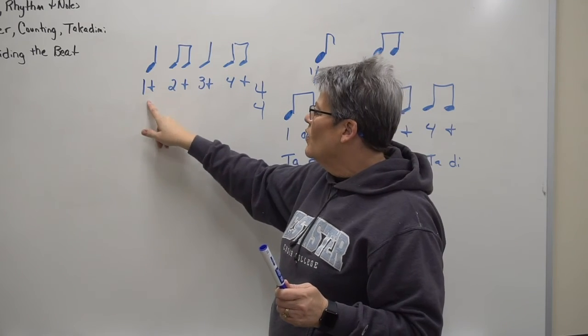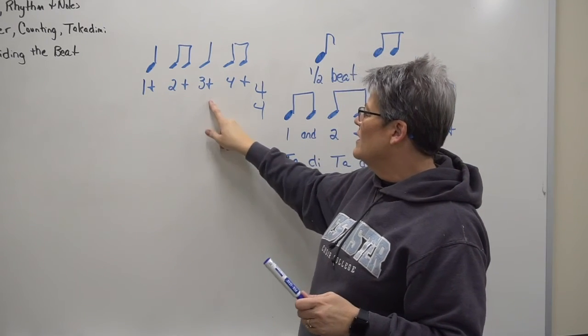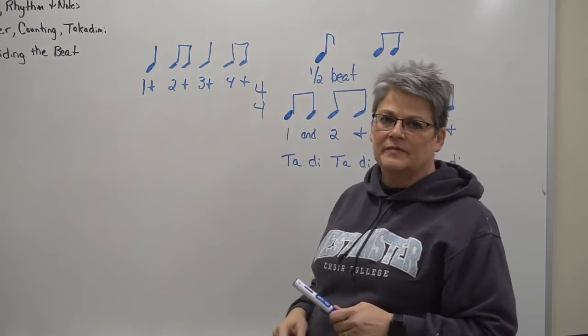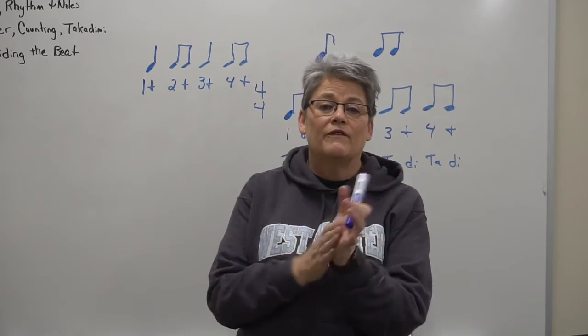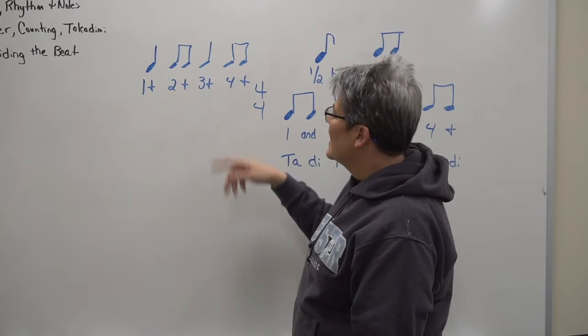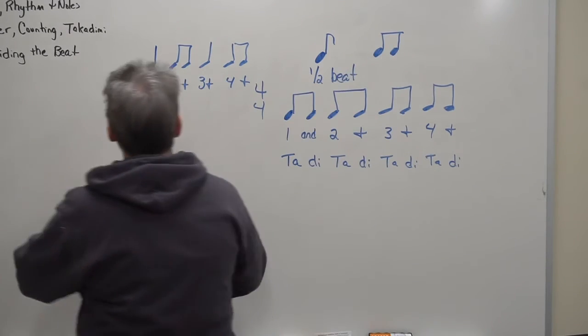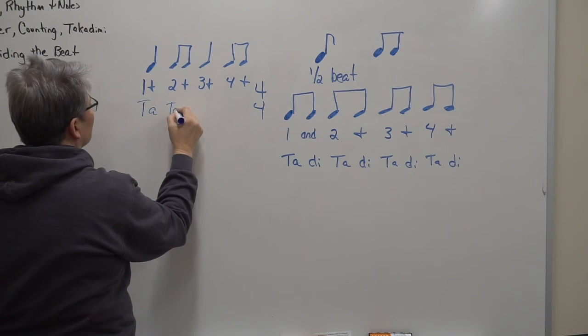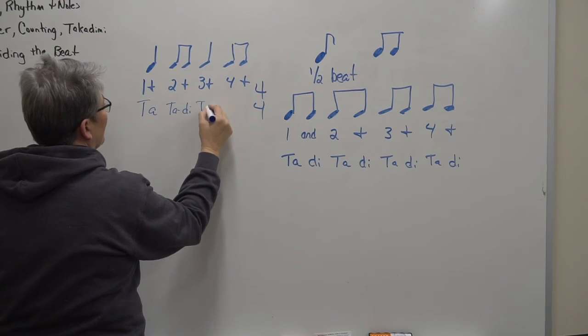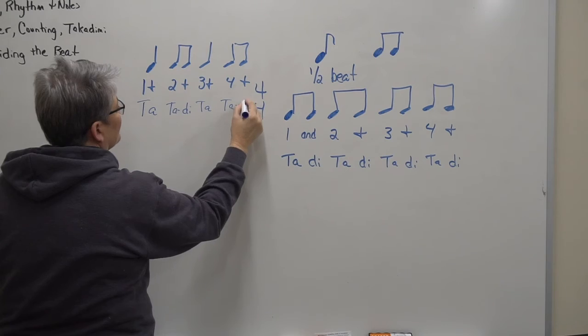So we want 1 and 2 and 3 and 4 and. With Ocadie, we would simply go ta, ta-di, ta, ta-di.